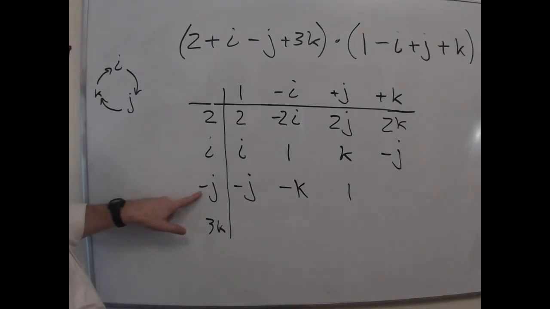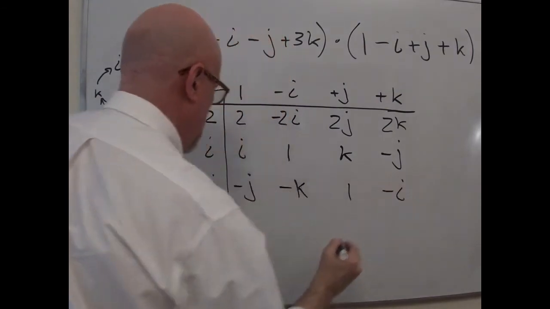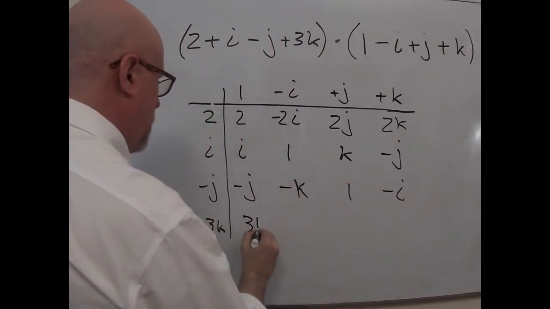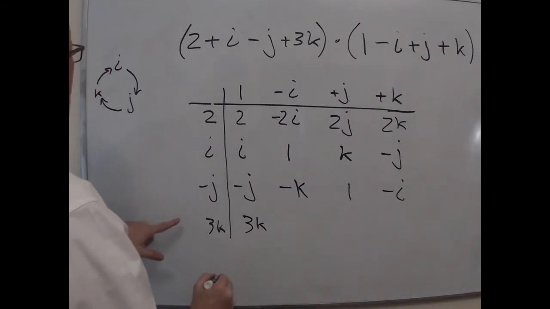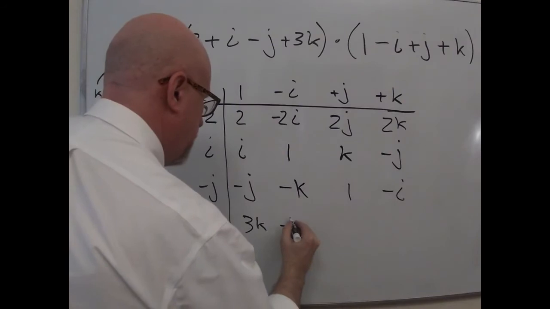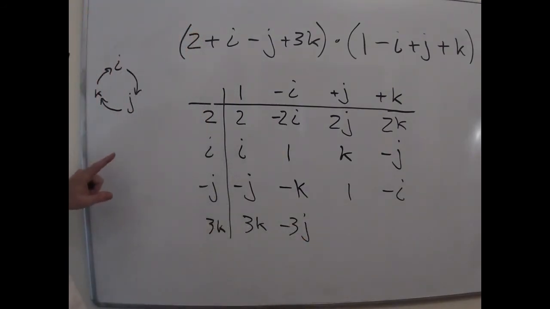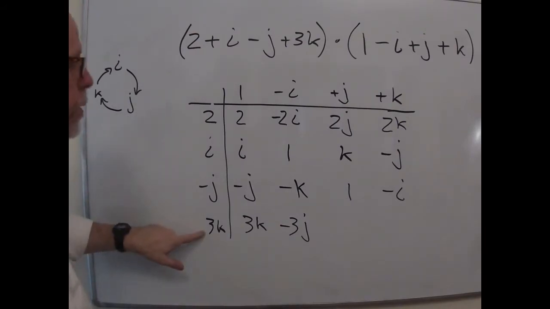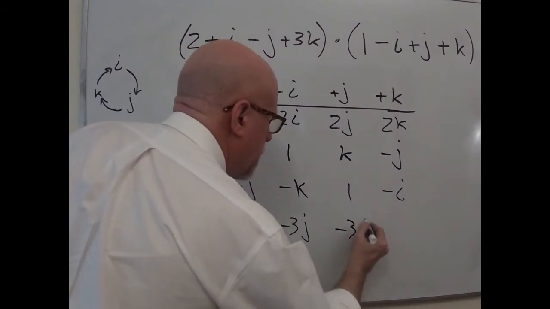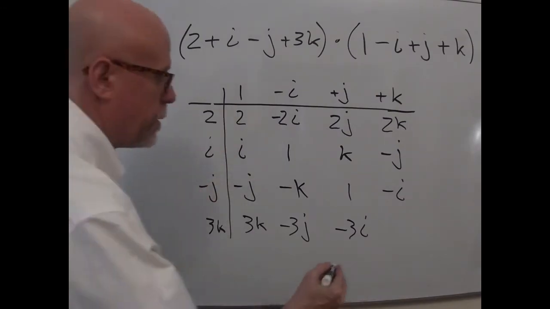Minus j times k, that's in order, you get i, but there's a minus sign. 3k times i, that's in the right order, so j, but it's minus 3 times j. k times j is backwards, so that's minus i, and there's a 3 on it, minus 3i. And lastly, 3 times k squared. 3 times k squared, that's minus 3.